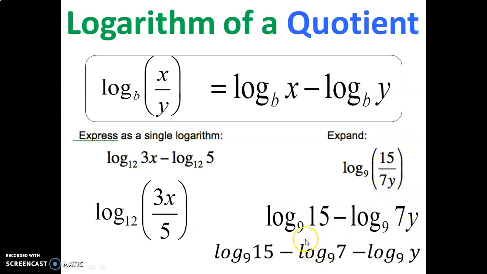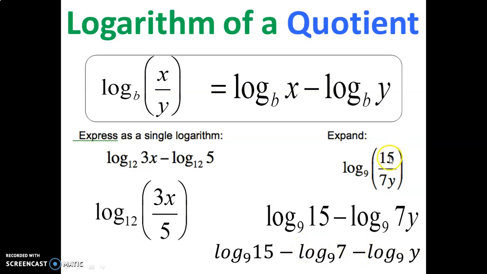Great. By the way, we can go even further. And we should have gone further. We see that there's actually two things here, just like we had two things here. We have now two things here, but this is a product, and a product tells us we will add those. However, since we have minus this entire log, even if you turn this into log base 9 of 7 plus log base 9 of y, since we have a minus sign in front of that entire statement, both of those turn into negative.